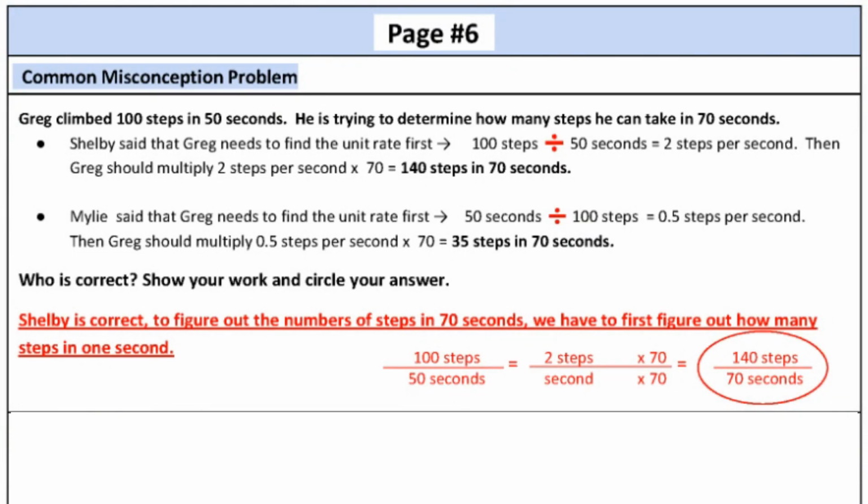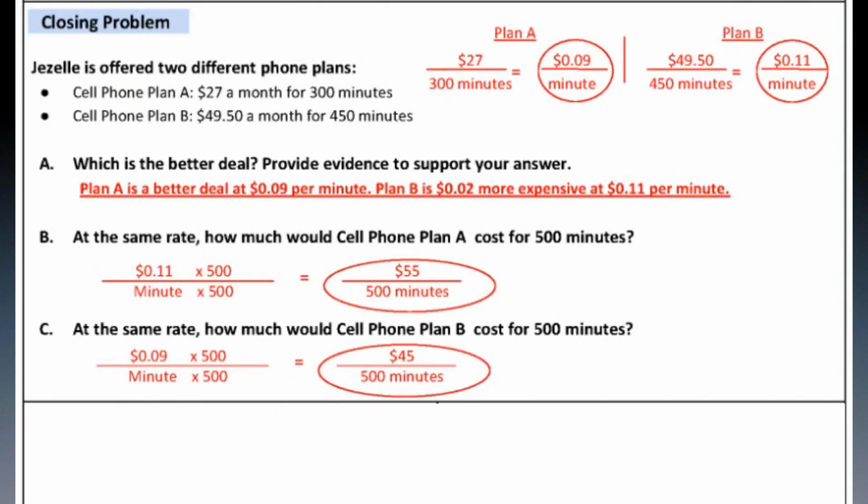Go ahead and check your work, fix any errors, and then make sure you completed all of the closing problem before coming back to the video. All right, let's check our answer for our closing problem. For plan A, you should have done dollars divided by minutes, and then we can see that plan A is 9 cents per minute. Plan B, when we do dollars divided by minutes, is 11 cents per minute.